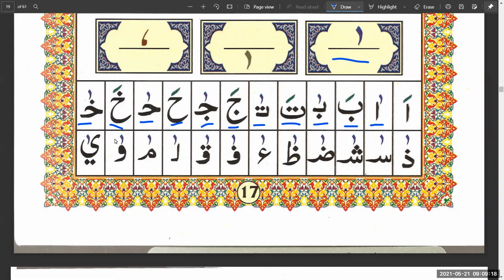This next line, we're doing all standing fathas now. So when you say it, you should stretch it out for 1 second.